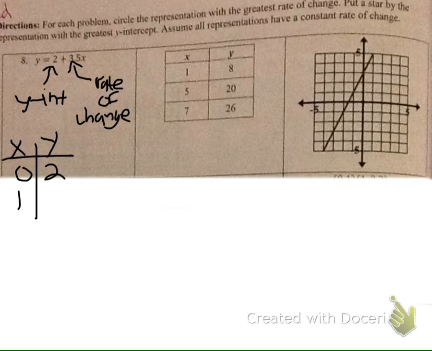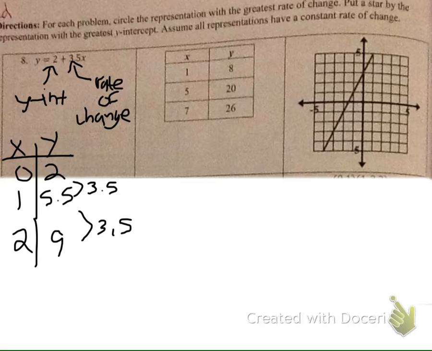So I'd go 1 here and I have to add 3.5, which gives me 5.5. And then I have to do it again. I'm going to add another 1, which means I have to add 3.5 again, and I end up with 9.